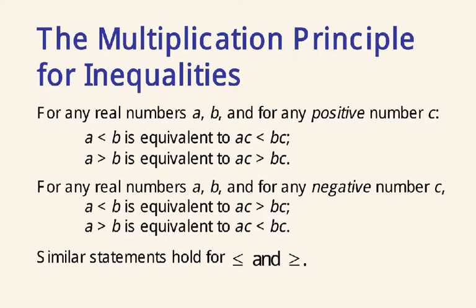But if you multiply through by a negative, or divide through by a negative also, it flips the inequality. So if you start out with less than, you multiply by a negative number, you have to change to greater than. And vice versa, when you start with greater than and multiply by a negative, you have to change to less than.